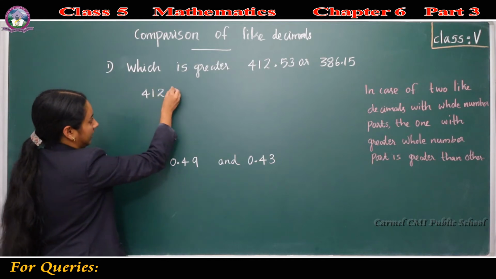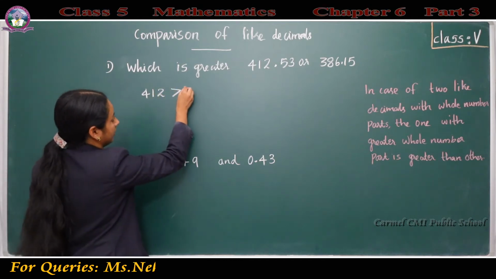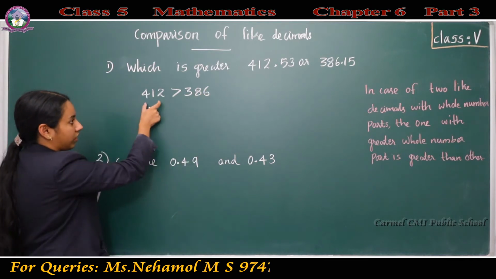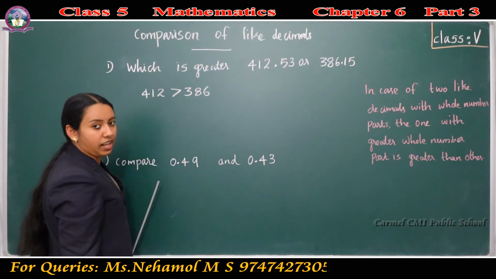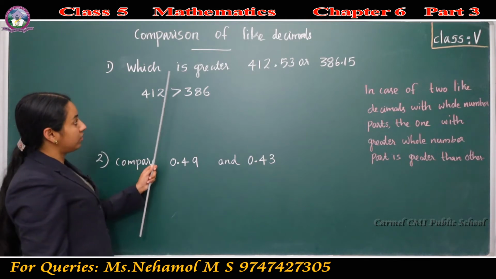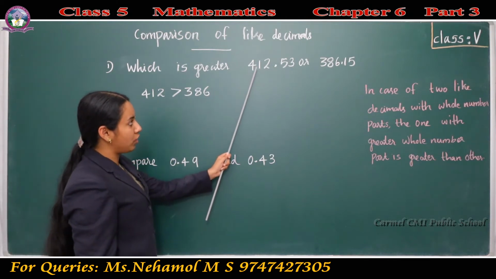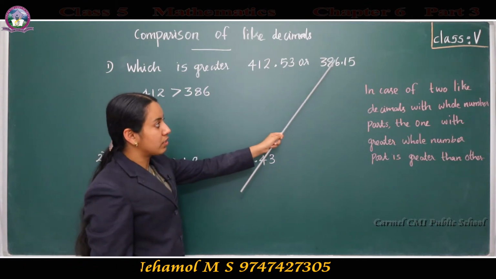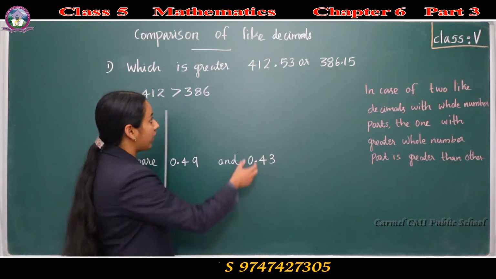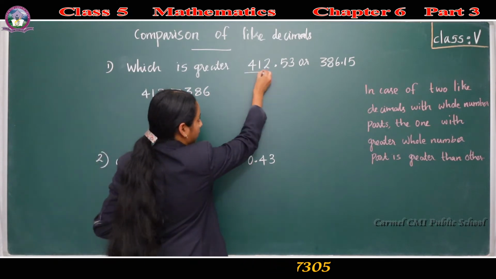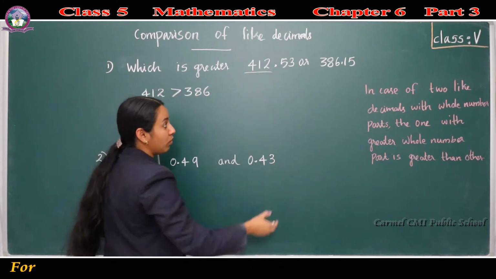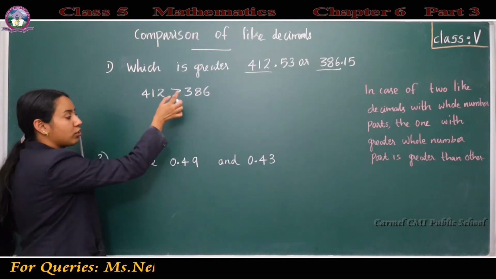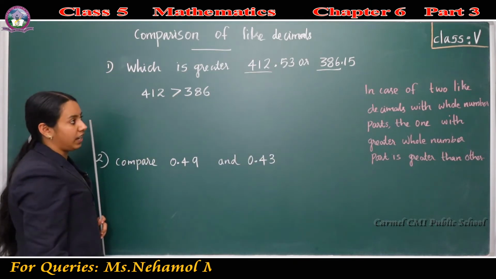412 is greater than 386. First question, which is greater, 412.53 or 386.15? We know that the whole part of the first one is 412 and the second one is 386. 412 is greater than 386.